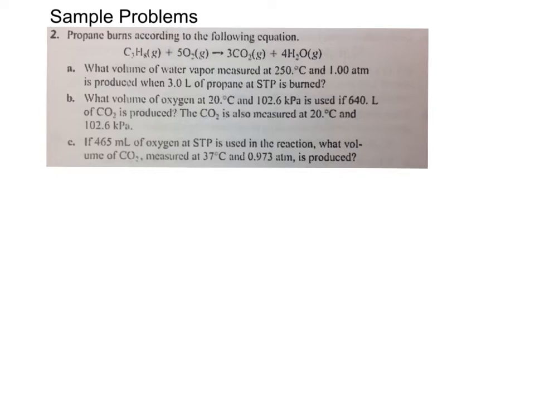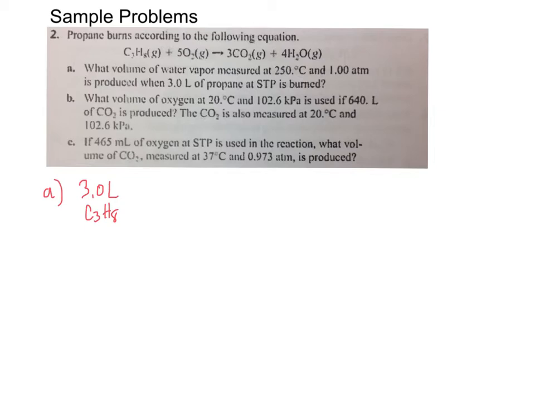The first thing we need to do is stoichiometry in this case, because we know we have 3 liters of propane. So our start point is 3 liters of propane, C3H8, and we're going to convert that to liters of water.